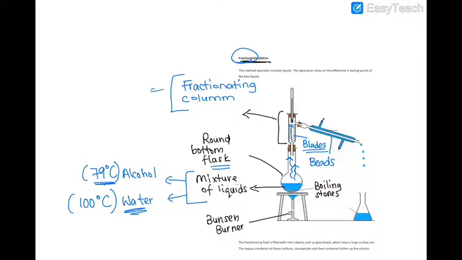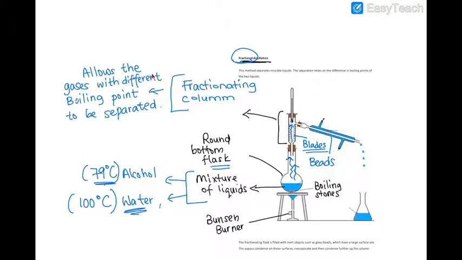So the fractionating column allows gases with different boiling points to be separated. The one that has a lower boiling point will distill first. So it forms the gas that is going to condense inside the condenser here, just like in simple distillation.